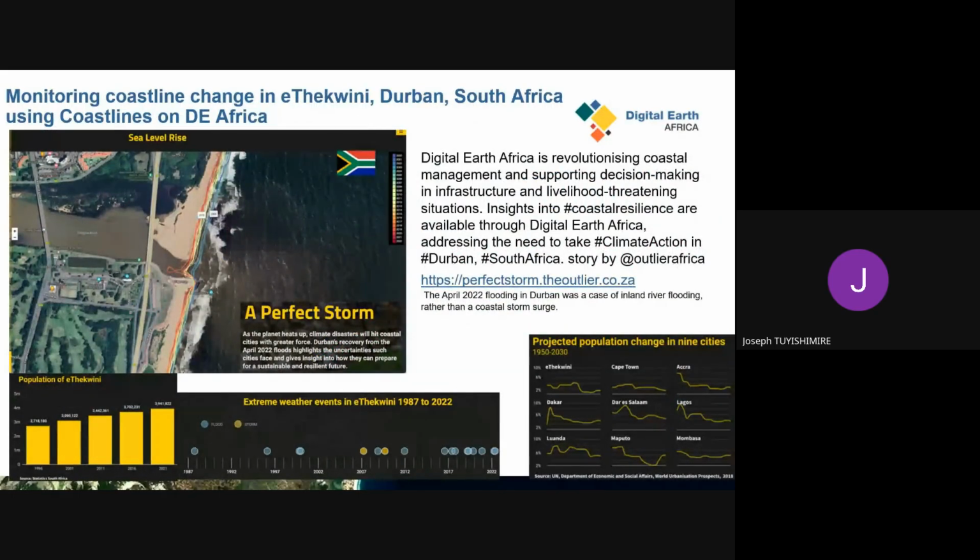Some work in Eswatini and Durban, South Africa, tried to understand the population being affected, the level of the dynamics of the coastlines, and of course, to project into the future what should be done if extreme weather events occur over time.